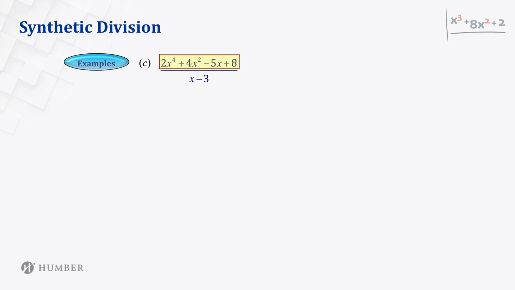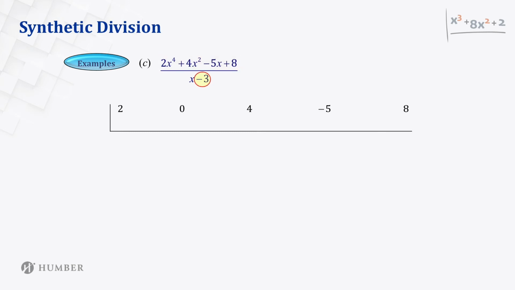Again, the x cubed term is missing here, so we need to write the coefficient 0 for that term. We have 2, 0, 4, negative 5, and 8. Next, we need to identify the c value. Write the opposite sign of the constant in the divisor. So it is 3 in this case.